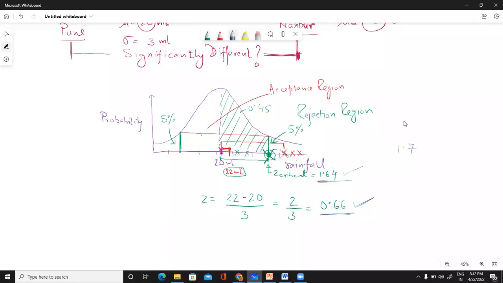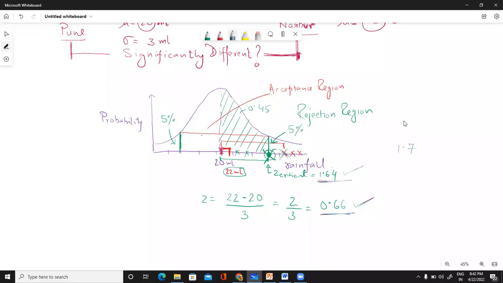So we would have rejected the hypothesis that the new value is the same as the original value, the same as the old value. That is, Nagpur rainfall is the same as Pune rainfall. We would have rejected that statement.